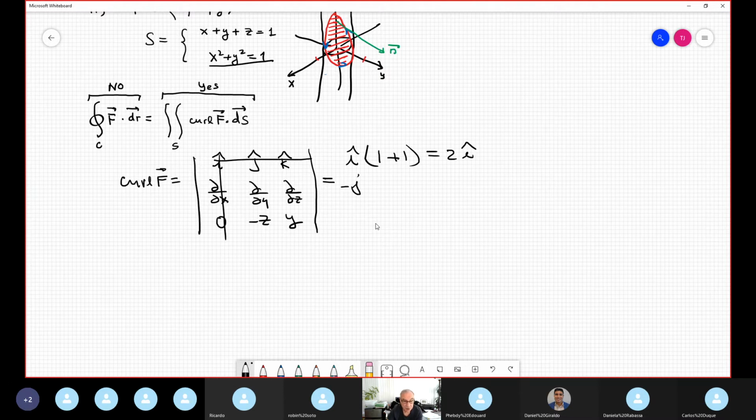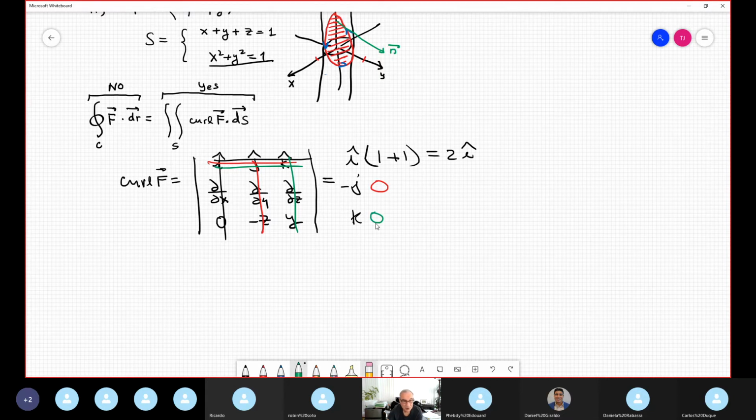Minus j. Minus j is this and this. Now, partial derivative of this with respect to x is 0. Partial derivative is 0. It's obviously 0. And k, okay, you delete this and this. Stay, this partial derivative with respect to x is 0, 0, is 0.